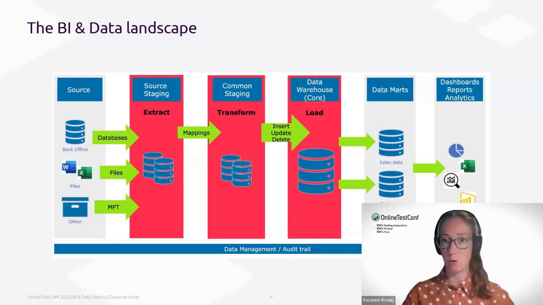Then next to that, we have the optional part. That's the data marts. Data marts are subsections of your data warehouse. They are still connected to the data warehouse. And now you might think, well, we went through all of the trouble to combine all of the data. Why now split it up again? The reason for that can be twofold.